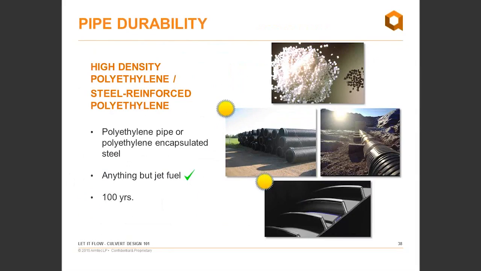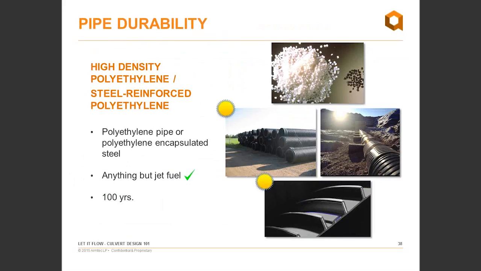We talked about coatings on steel pipes. Now it's time to talk a bit about plastic pipe. Polyethylene pipe is in common use for drainage worldwide, and steel reinforced polyethylene pipe options are still growing. There's definitely an industry trend towards plastic pipe, and the trend is largely because of durability. Polyethylene really is a great pipe material.